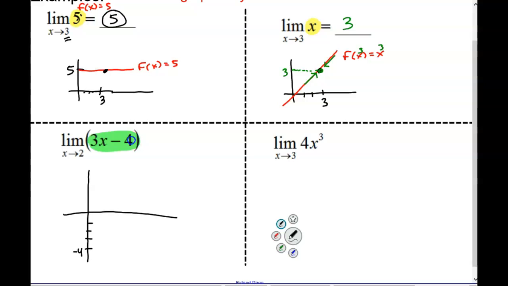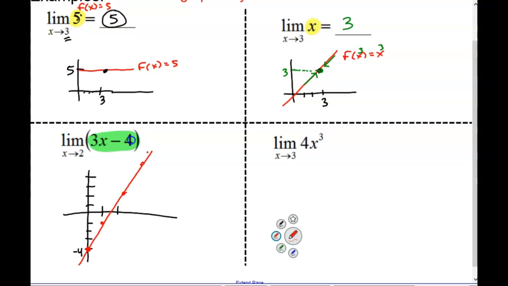So go up 3 over 1, up 3 over 1, and we're going to do that until we pass x equals 2. We'll start at negative 4. Rise is 3, run is 1. Rise is 3, run is 1. And rise is 3, run is 1.